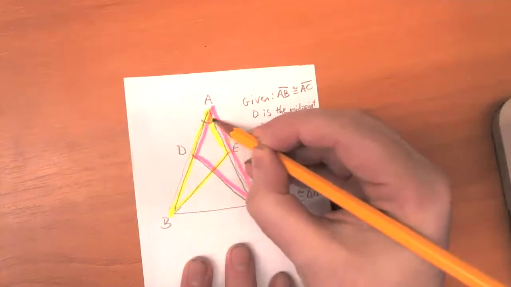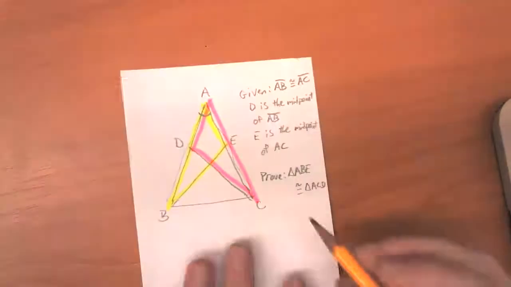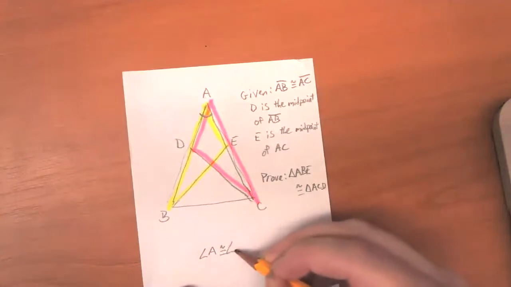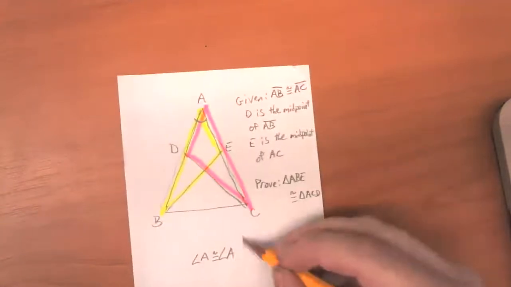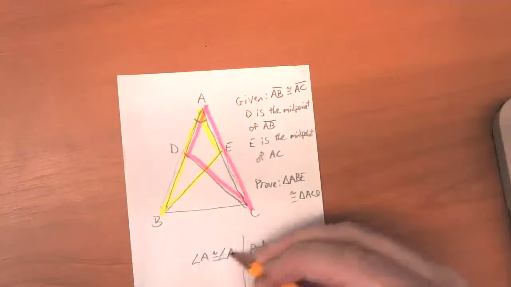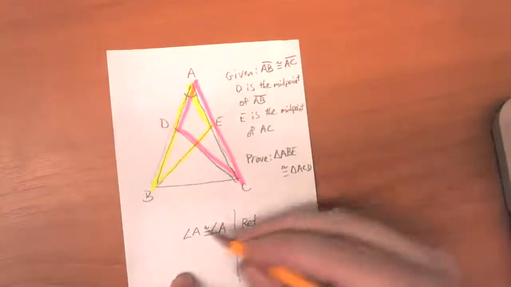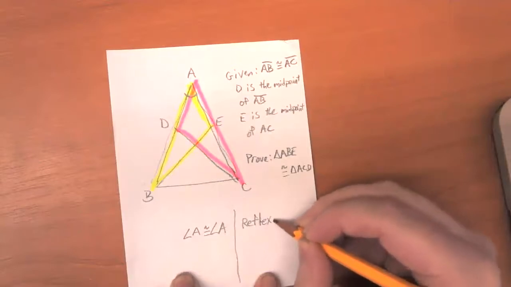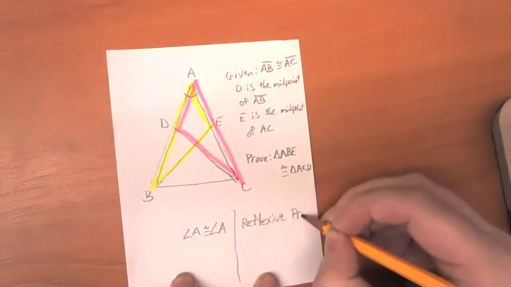So I'm going to want to say in this proof at some point that angle A is congruent to angle A. And the reason for that is because, once again, it's the same thing on both sides of the congruent sign. So the congruent sign is like a mirror. Reflexive property.